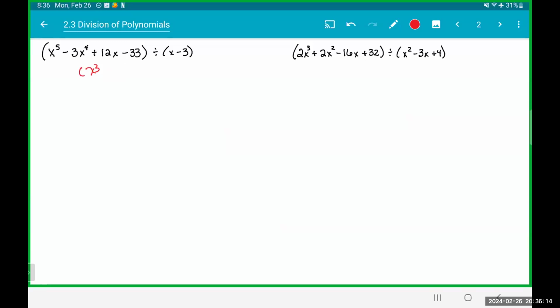So we want to have 0 of these and 0 of the x squared to add to ours, right? Because remember, we have to have all those placeholders. So this is x minus 3. We have x to the 5 minus 3x to the 4 plus 0x cubed plus 0x squared plus 12x minus 33.